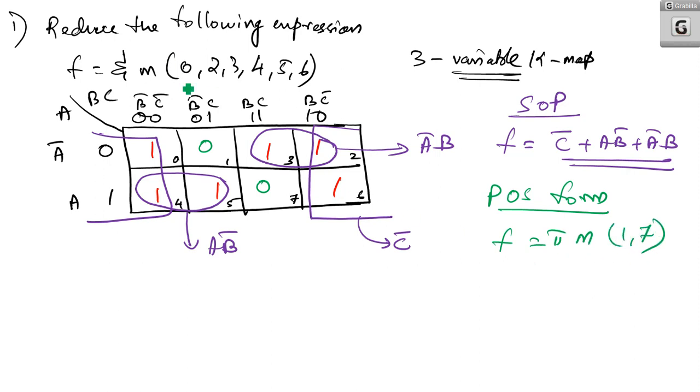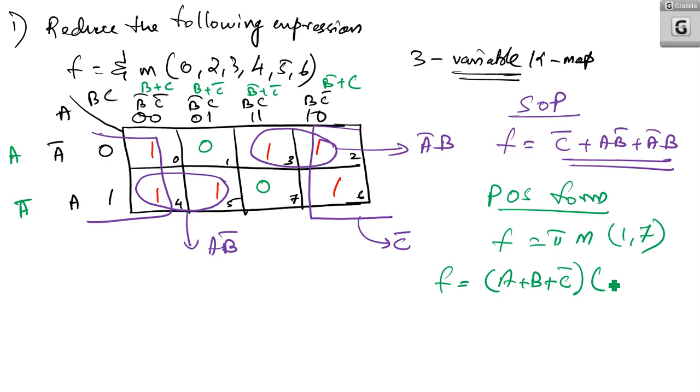Okay. But here you cannot form quads or octets. This is A and this is A bar. And this is B or C, B or C bar, B bar or C bar, B bar or C. So you can write F in POS form as: A or B or C bar, and A bar or B bar or C bar.